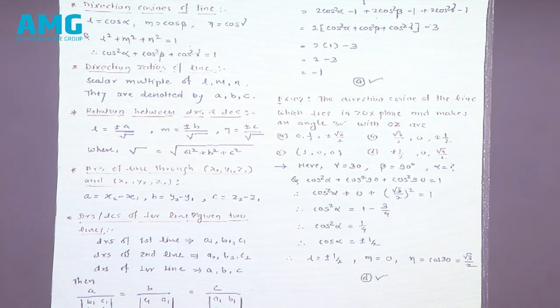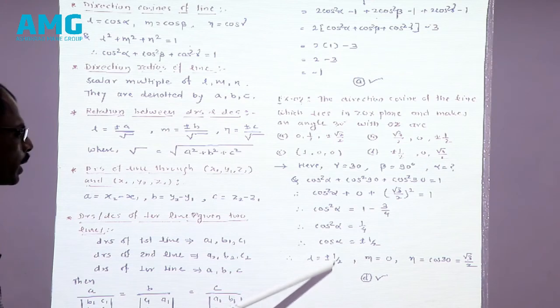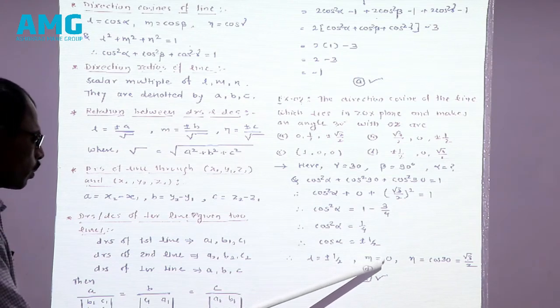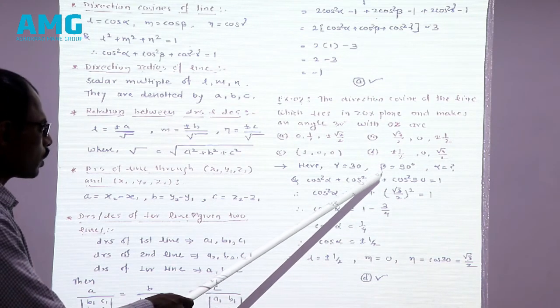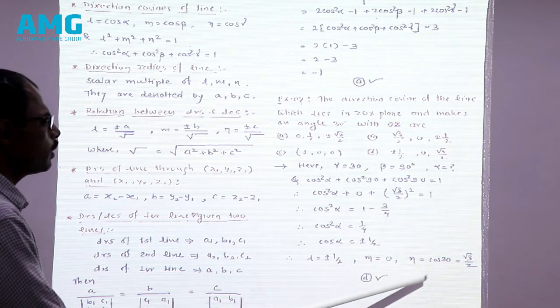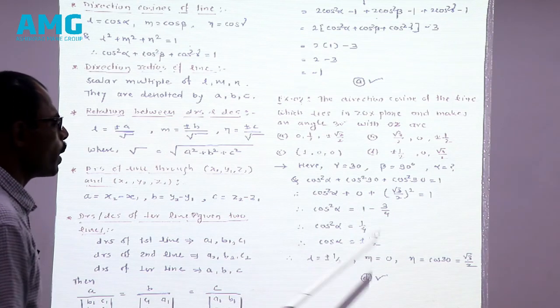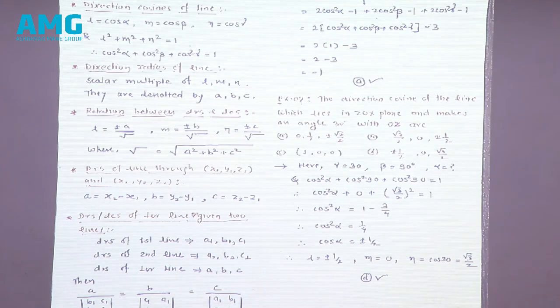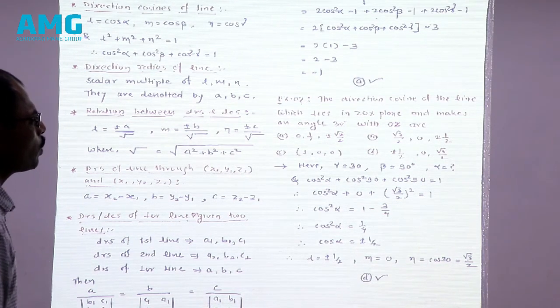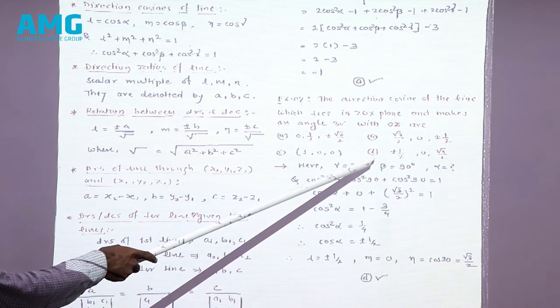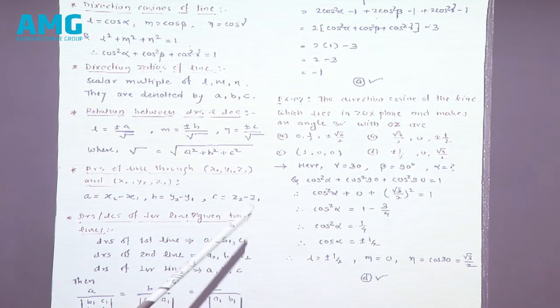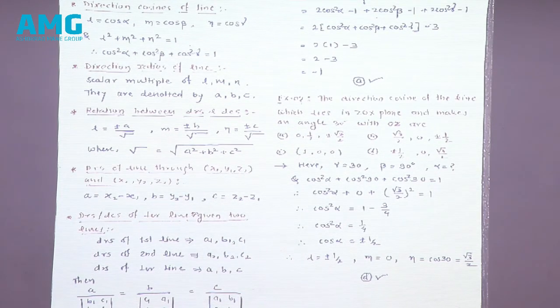Now l = ±1/2, m = 0, already found, n = cos 30, that is root 3 by 2. Checking the options, ±1/2, 0 and root 3 by 2 is present in option D, and therefore D is the correct option.